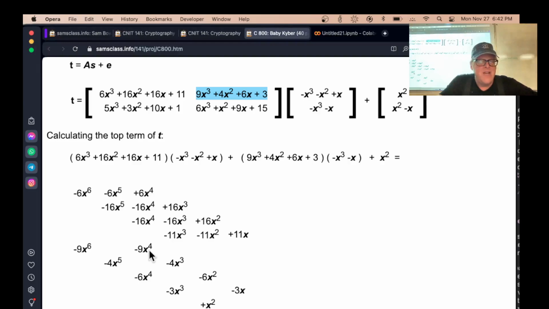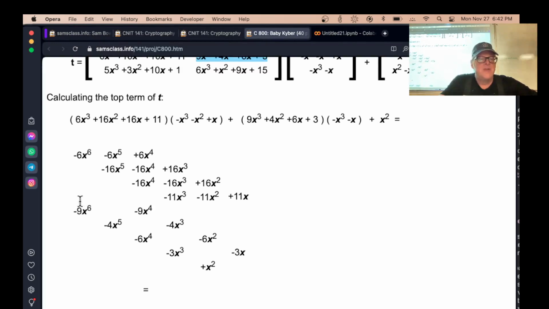And you have minus 9x to the 4th, because you take a cube times x to the 1 here. You have 4x squared is going to turn into minus 4x to the 5th, minus 4x cubed. And so you go. 6, 3 is here. So these terms come from the first multiplication.